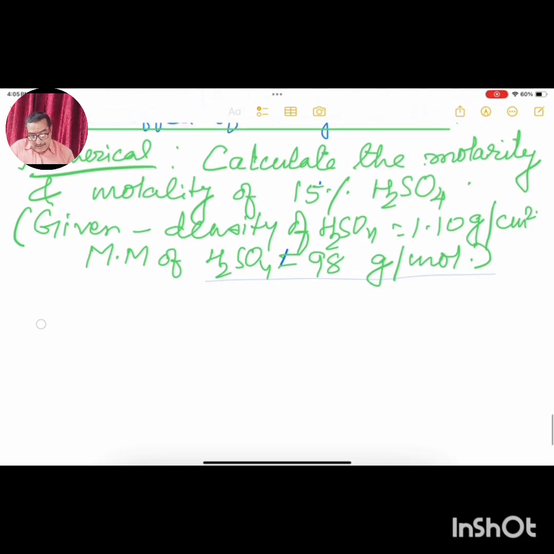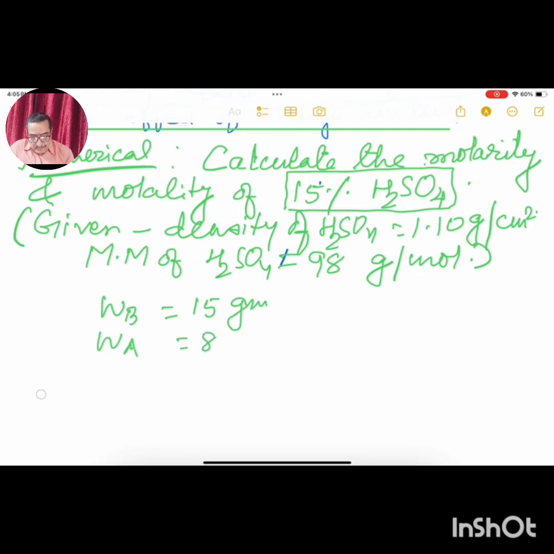Now the very important part is to identify the numerical data: 15% sulfuric acid. Here Wb is 15 gram, Wa is 85 gram, Mb is 98 gram per mole.